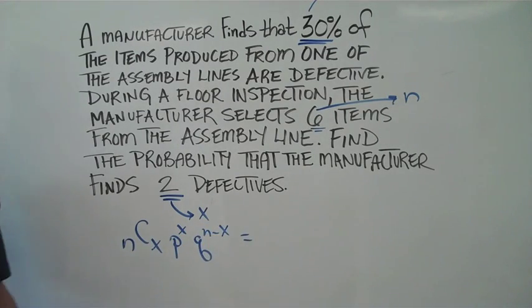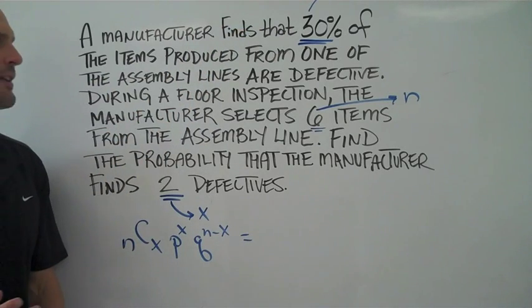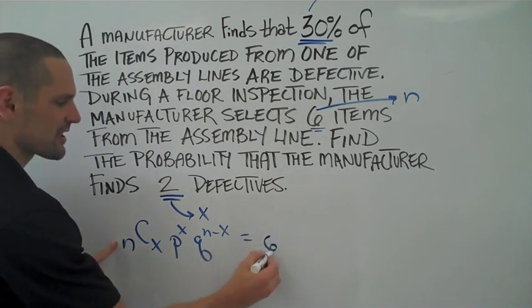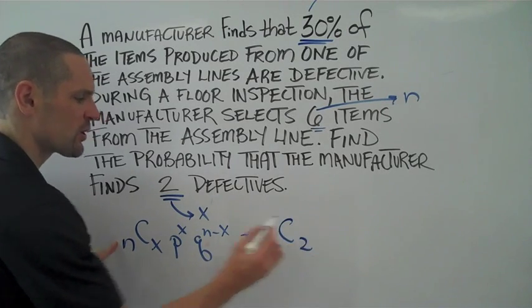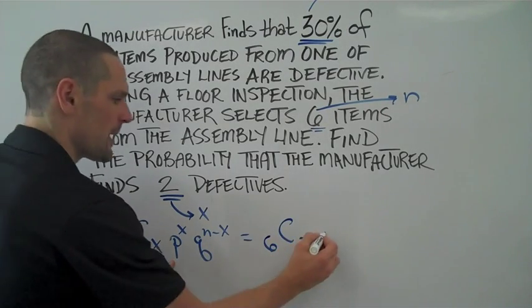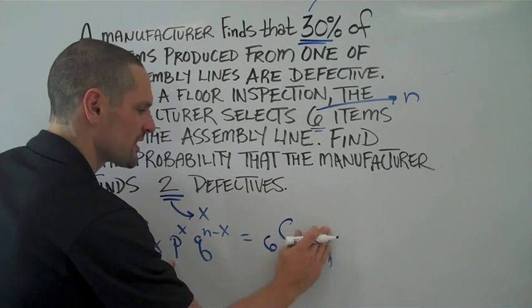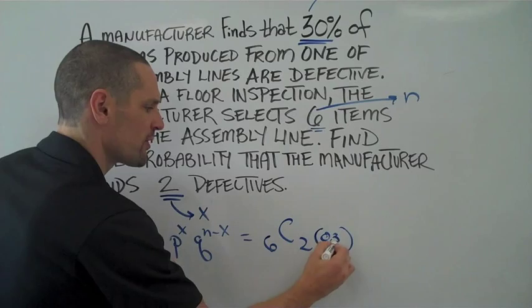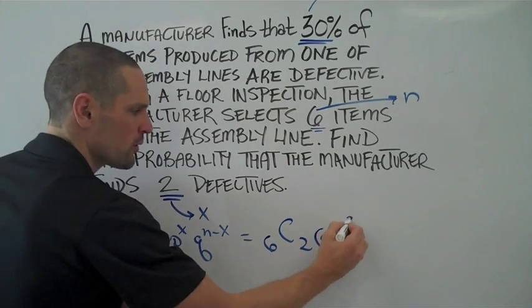I recognize I either have defective or okay, so it's a binomial distribution. The number of trials is 6, and I want to choose 2 of them, and the probability of success, its probability of finding a defective, is 0.30. Whatever is there goes here.